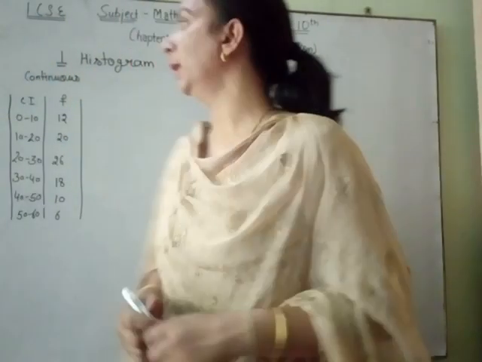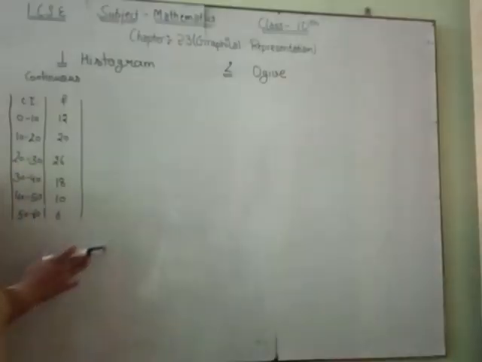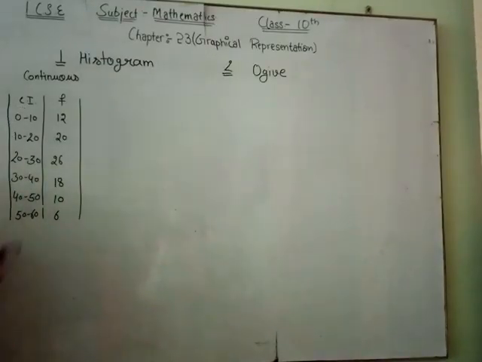We have an example of a continuous frequency distribution. Students, in this first question, the first column is for class interval and the second is for frequency. Class intervals are 0 to 10, 10 to 20, 20 to 30, 30 to 40, 40 to 50, 50 to 60.